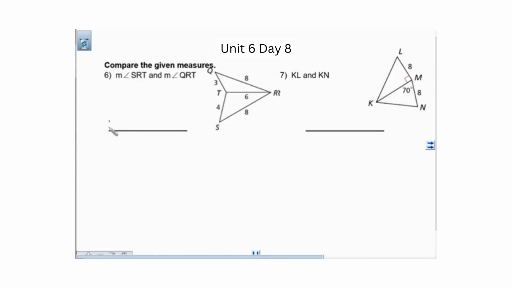Next up, we want to compare the measure of angle SRT and the measure of angle QRT. The measure of angle SRT matches up with 4. The measure of angle QRT matches up with 3. Which one's larger? That 4. Which means that angle SRT is greater than angle QRT.